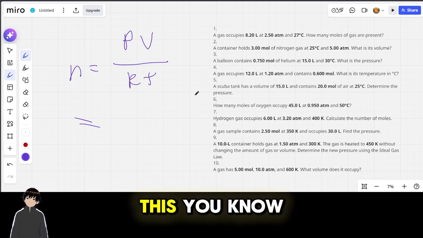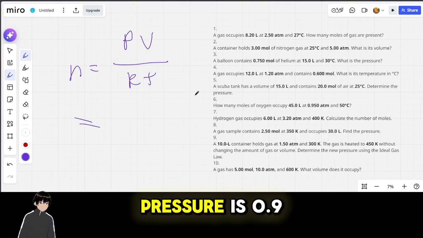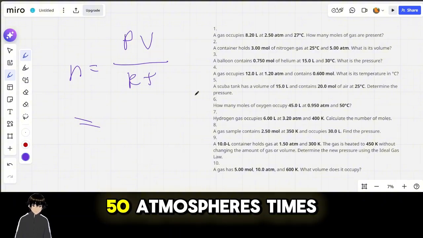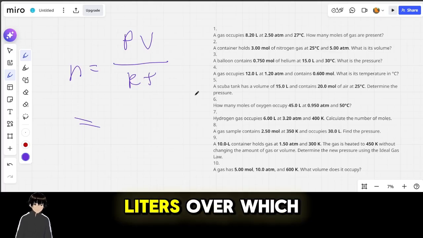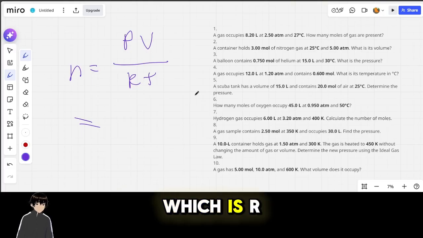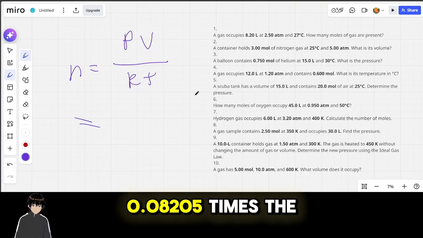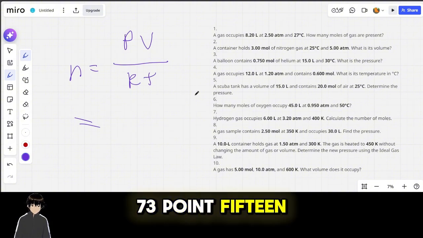So let's do this. Pressure is 0.950 atmospheres times volume, which is 45.0 liters, over R times T. What is R? 0.08205 times the temperature, which is 550 plus 273.15.